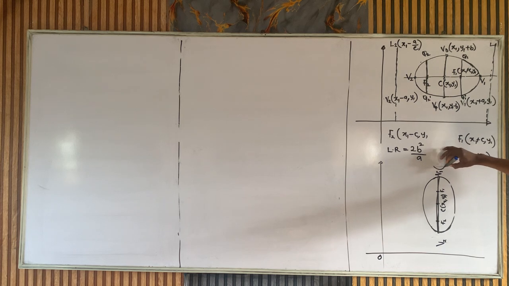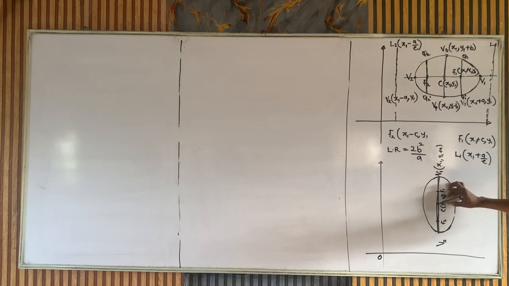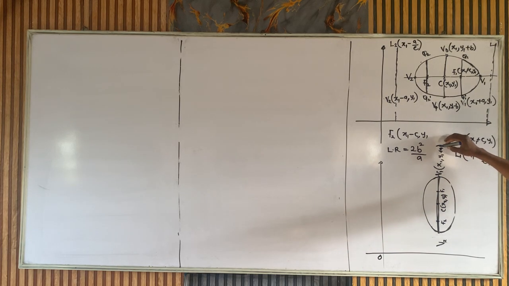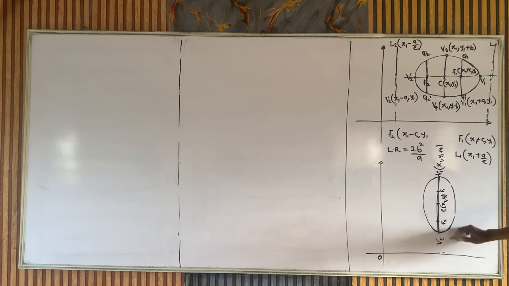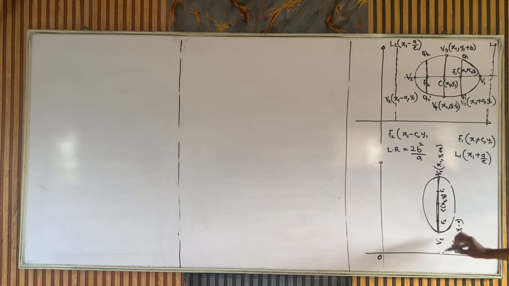Our V1 here is simply x1, y1 plus a, because this distance is the vertical distance, so it's added to your y. That's why it is y1 plus a. For this V2 now, the coordinate will simply be x1, y1 minus a, and that's because we are going downward.